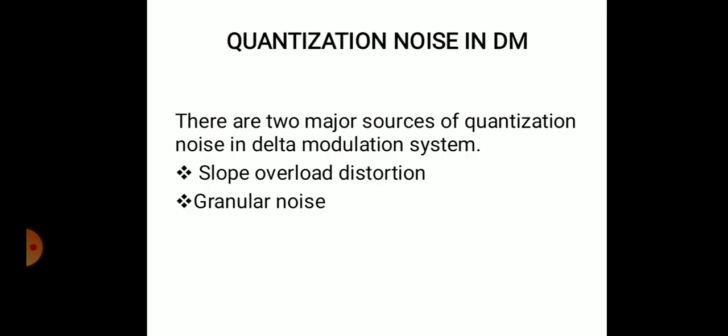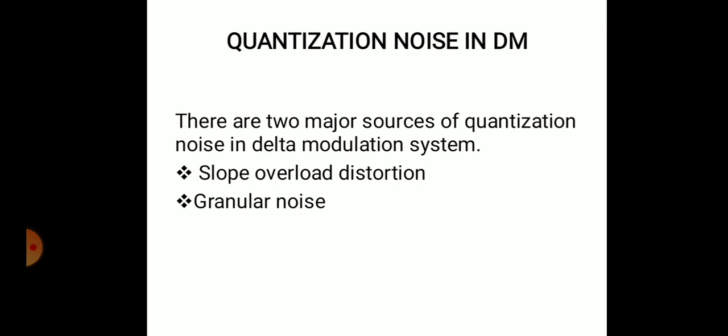Now the next one is the quantization noise in delta modulation. In delta modulation, the step size delta and the sampling rate must be properly chosen. Why? The analog signal has a specified maximum frequency and a fastest rate at which it can change.